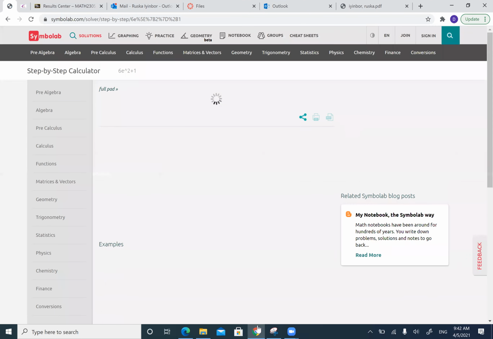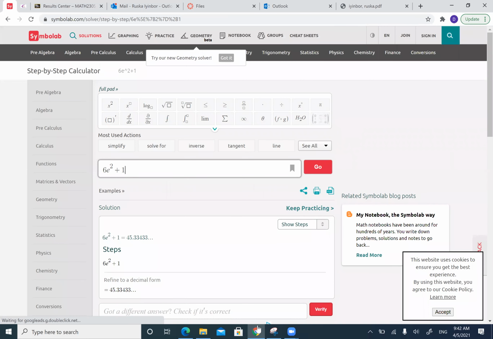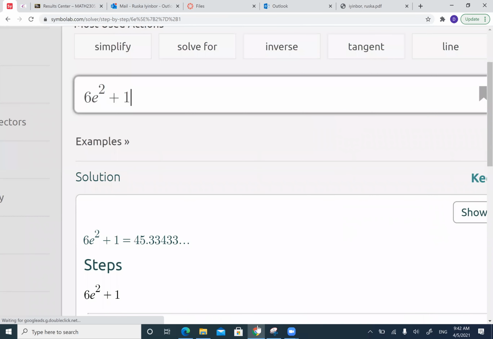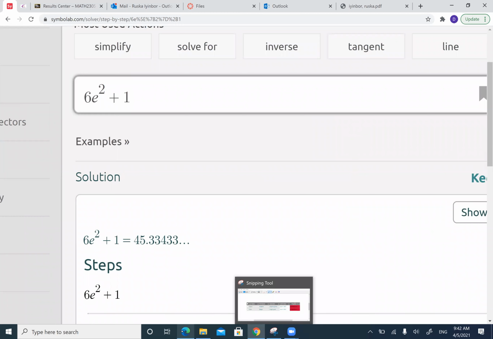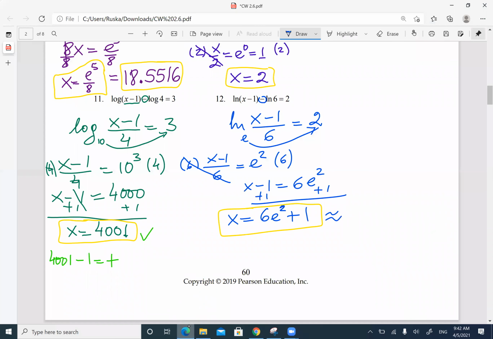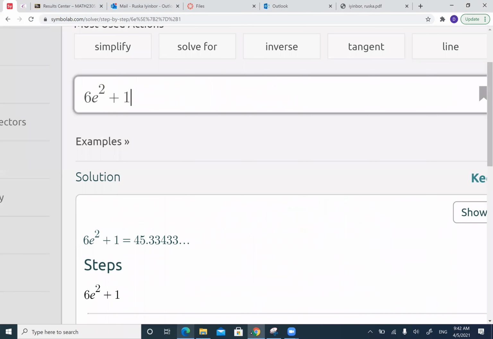And we're going to get, it's going to be positive, obviously, 45.3343, because after the 43 is another 3, which is smaller. So it's going to be 45.3343.